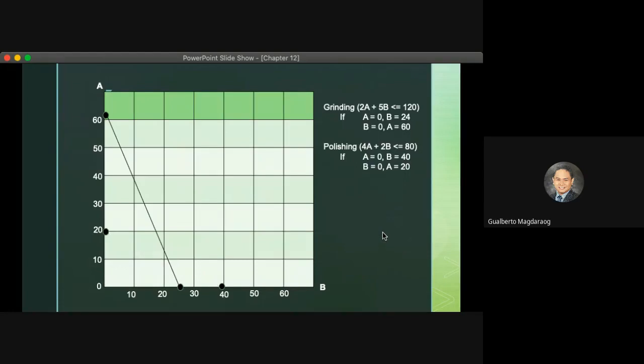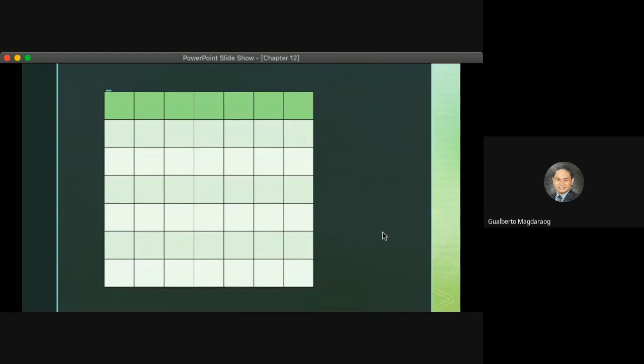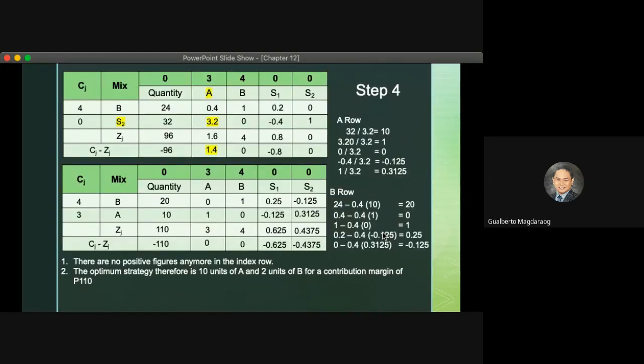Going back to our last tableau in the simplex method, we can find 0.625 under the column of the slack variable for the grinding department.